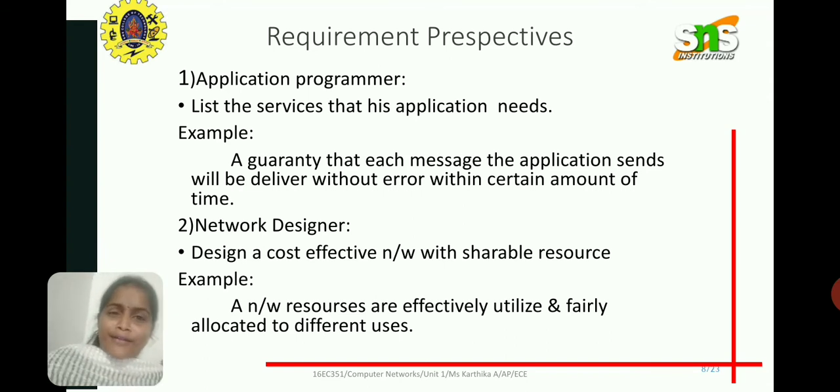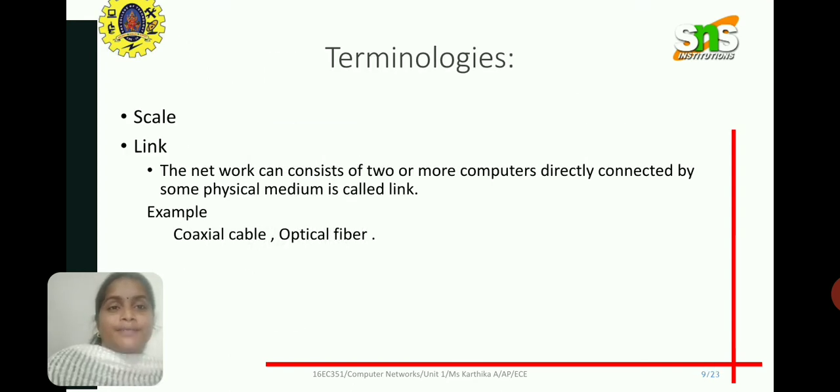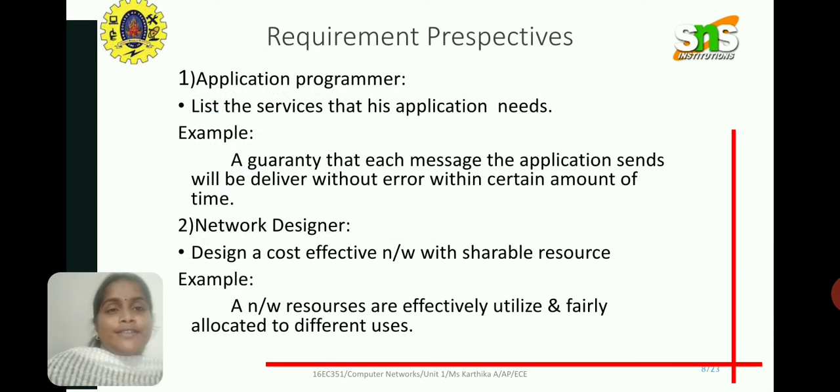What are the requirements of computer networks? From a requirement perspective, we have the application programmer, the network designer, and the network provider or network operator. The first one is the application programmer. What is the purpose of the application programmer?